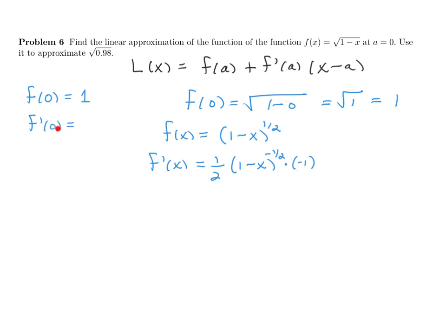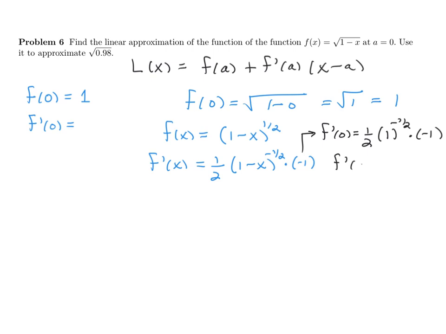So I'll take 0, put it in place of all the x's, and simplify this down. F prime of 0 is 1/2 times 1 minus 0, which is 1 to the negative 1/2, multiplied by negative 1. 1 to any power is simply 1, so this whole thing is 1, but then negative 1 times 1/2 is negative 1/2.